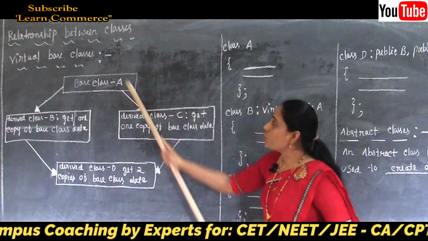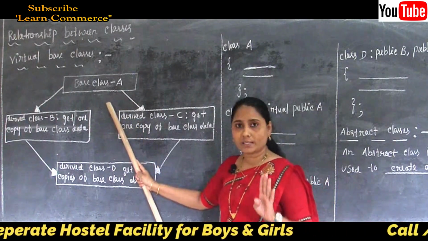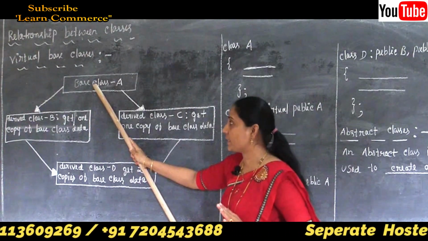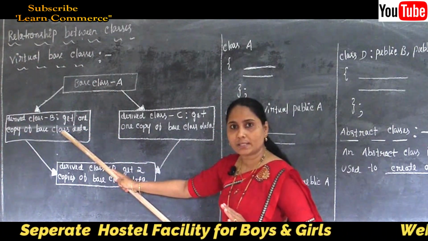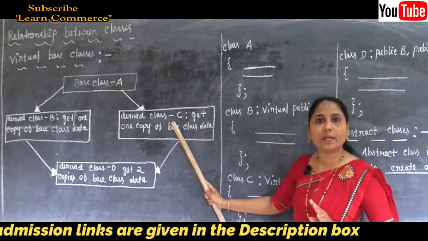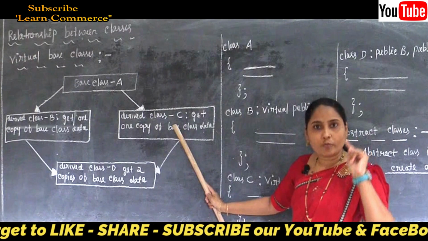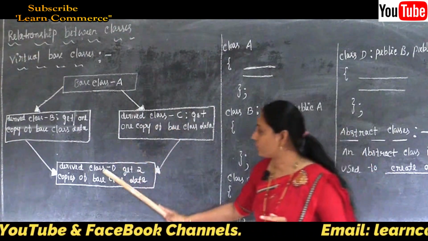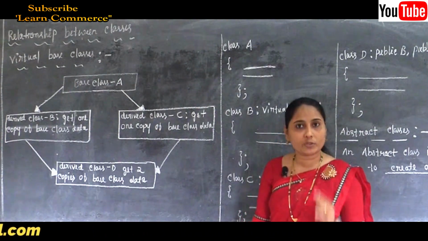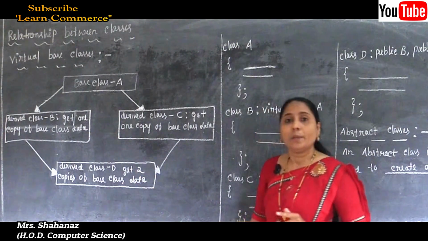When you view the diagram, you can see four classes. We need the base class A because using it we construct two derived classes, B and C. Because of this, B and C each get one copy of the base class data, that is A. Further, one more derived class is D, and this derived class D is created using the derived classes B and C. Because of this reason, it gets two copies of the base class data.